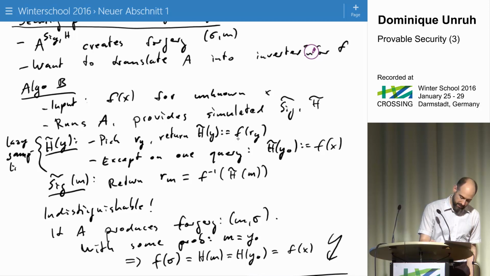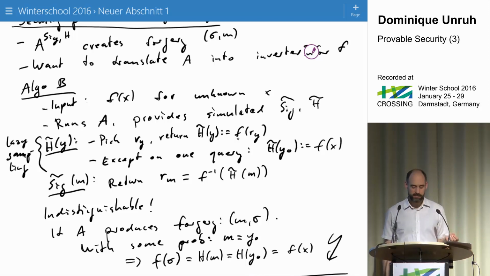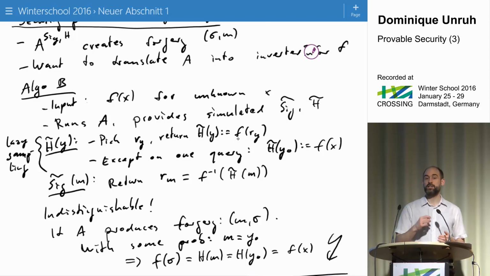So this thing is lazy sampling. It refers to the fact that we decide on the random oracle values as we go along, whenever they're needed. And this is a very powerful technique because sometimes it allows us, for example, to change random oracle values based on later information that we haven't had in the beginning of the execution, because we can make sure that the adversary will not query that particular position before we reach that point.